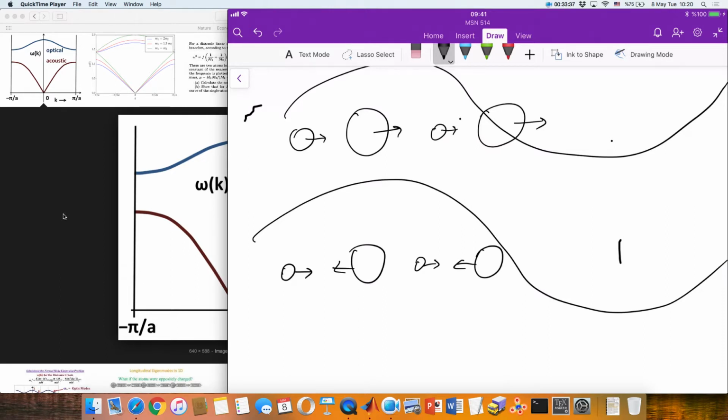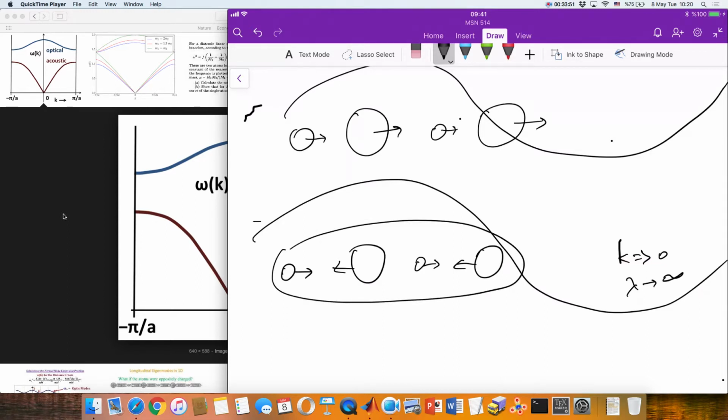Yes? And notice that as k goes to 0 and lambda goes to infinity, you are going to multiply this one with a constant, right? And this would still have a restoring force. Do you agree with this? Or not?